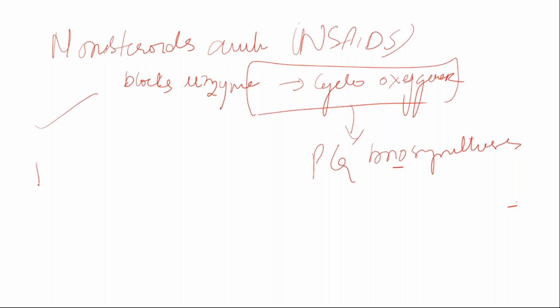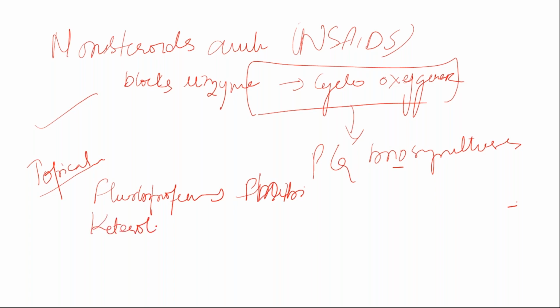But coming to topical, it is available as flurbiprofen, which is the most important drug, available as Flubi in ophthalmology. Next one is ketorolac. These are the most commonly used drugs. Nepafenac. Okay, these three are the most important drugs we use topically in ophthalmology.